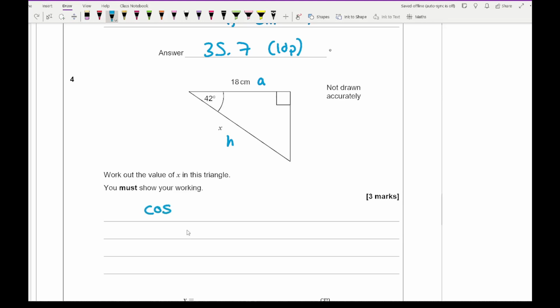So then from this we're going to use cos again. So we've got cos 42 equals 18 over x. Now again, if you use the triangle method of the trig ratio, so here we've got cos and we've got adjacent and hypotenuse.